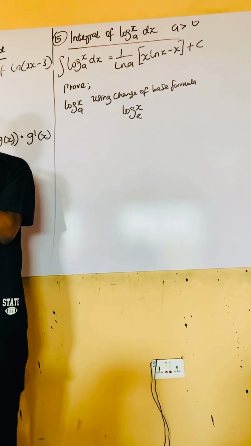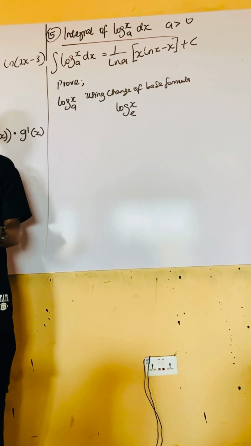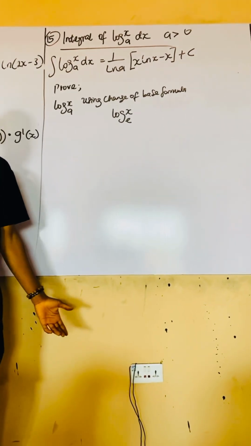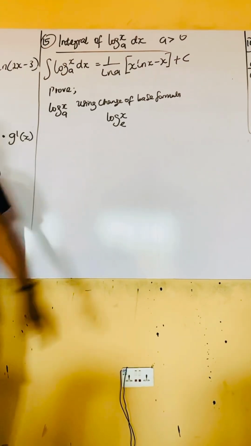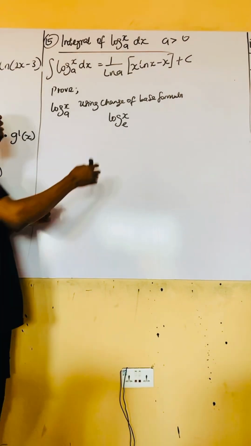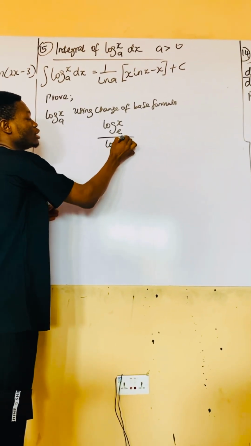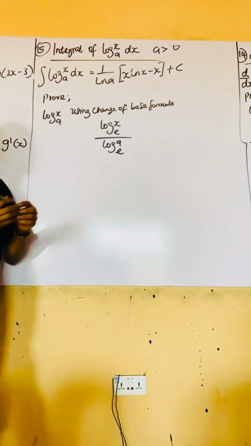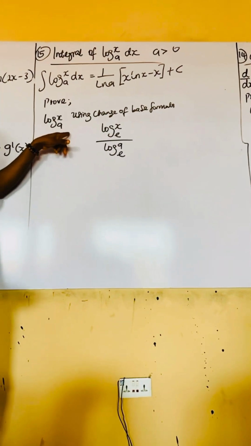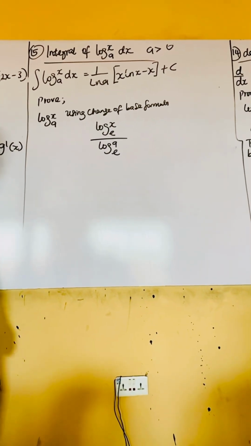You know, in normal logarithm we used to introduce base 10 for easy solving, but in this one we decided to introduce base e. If you still remember your change of base, go back to your book.